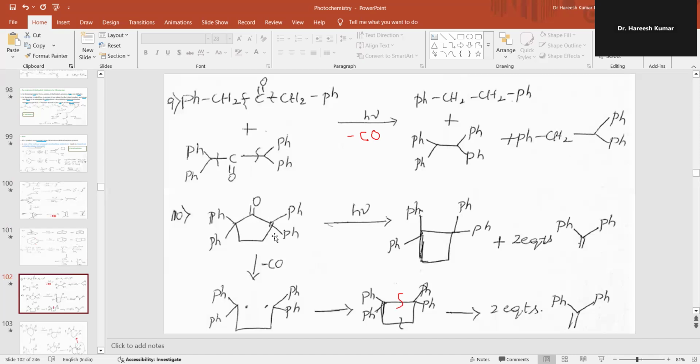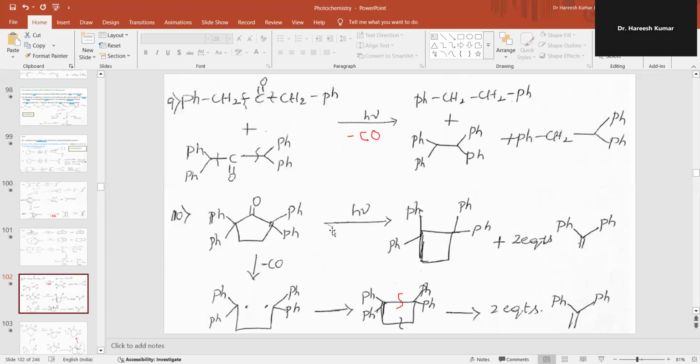The example is a cyclopentanone derivative. On irradiation at the lambda max, alpha cleavage here forms a 1,4 biradical, which undergoes sigma bond formation, forming a cyclobutanone moiety. This is the cyclobutanone moiety.